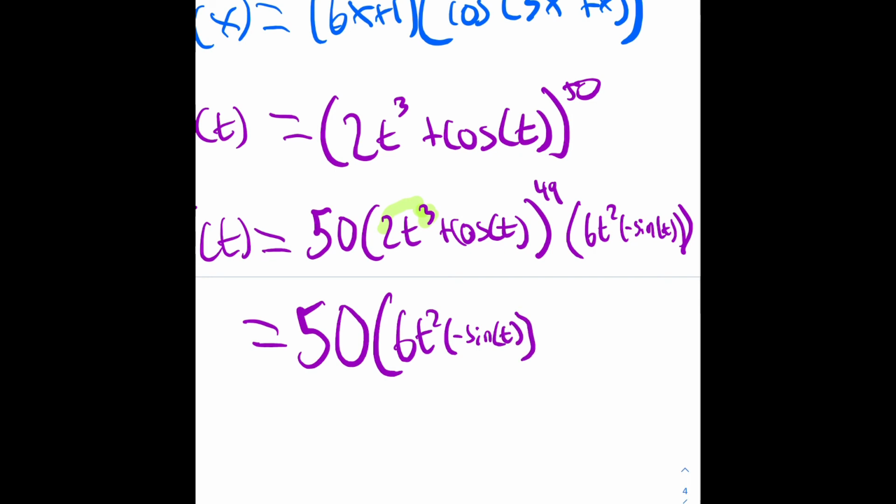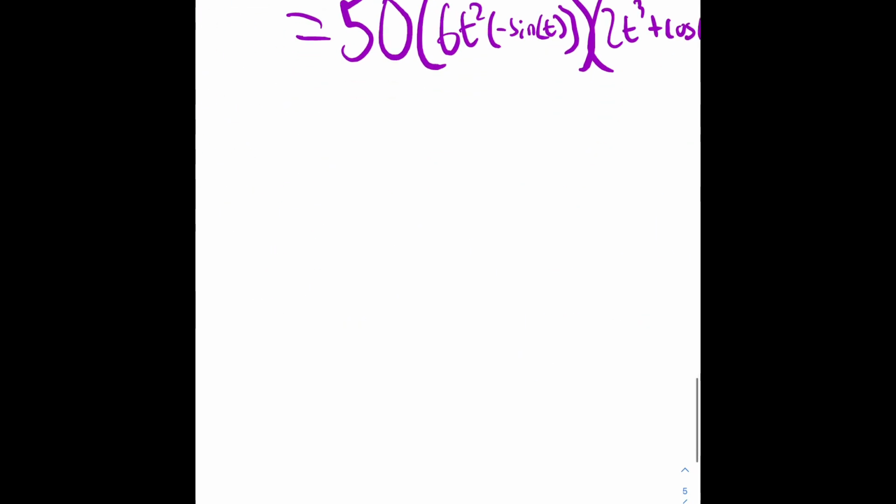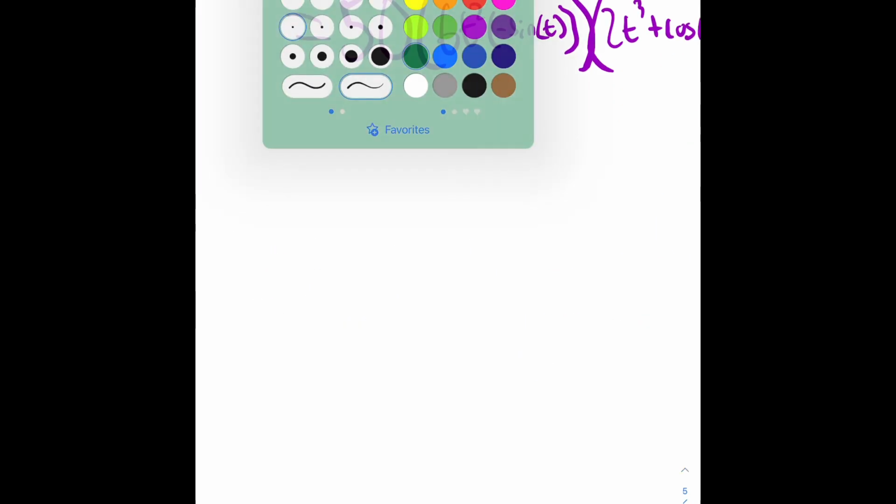And then that is also multiplied by 2t to the third plus cosine of t, to the 49th. Let's do a couple more here so we get the hang of it.